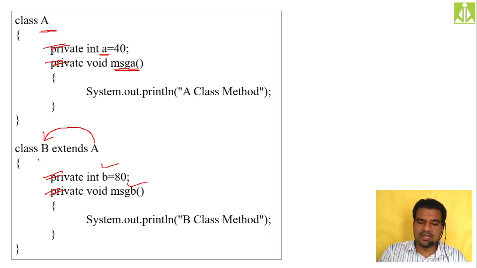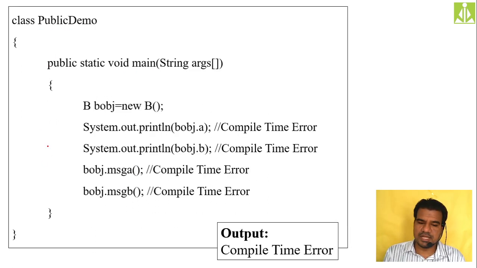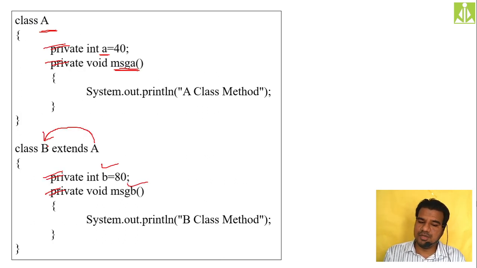If you create the object, as you see in the next slide, we have created the object of B only. bObj, the B object, when you have created, using that bObj you cannot access any of these. Why?